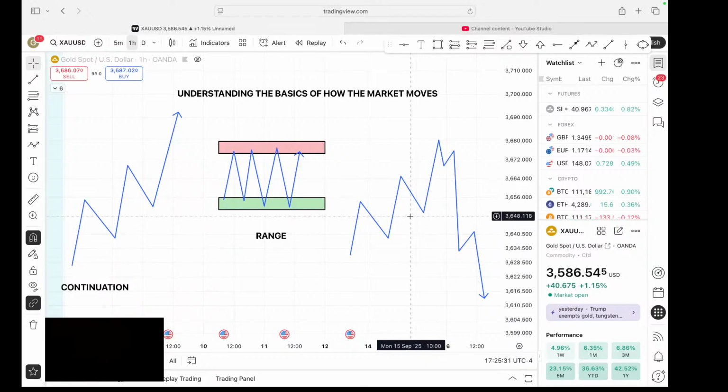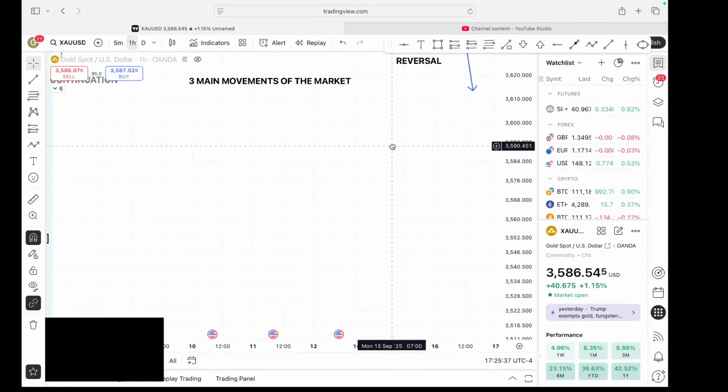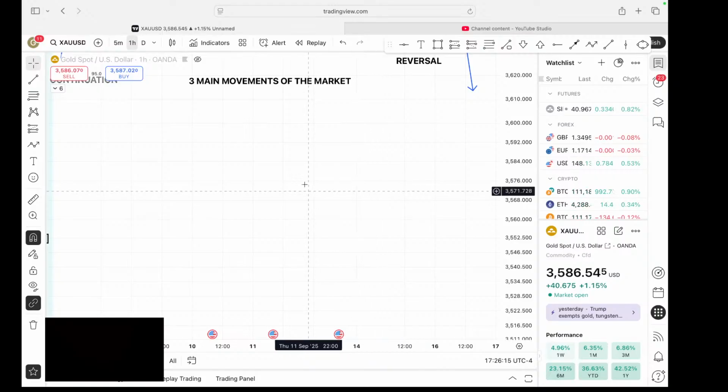Underneath the three main movements, actually, let me keep that there. All right.